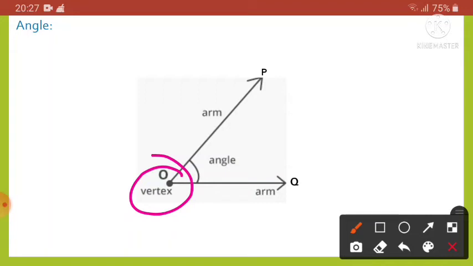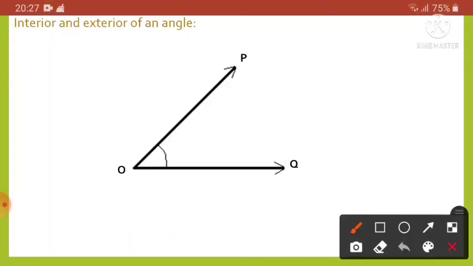Now the next point is interior and exterior of an angle. An angle has three parts: interior, exterior and on the angle. Interior means the points lying inside the angle form the interior of the angle, and exterior means the points lying outside the angle form the exterior of the angle.